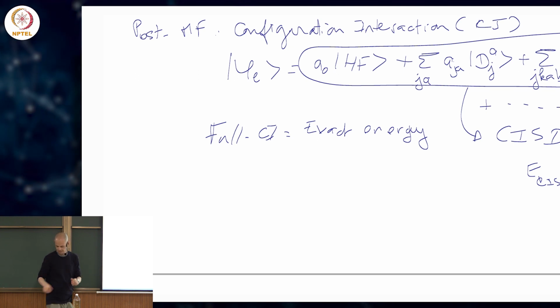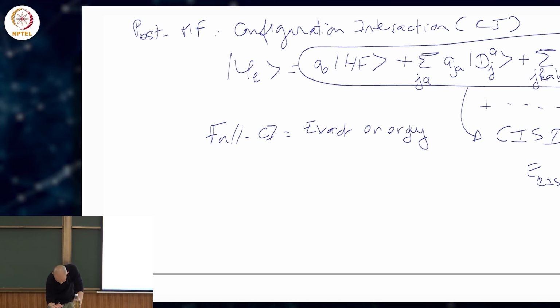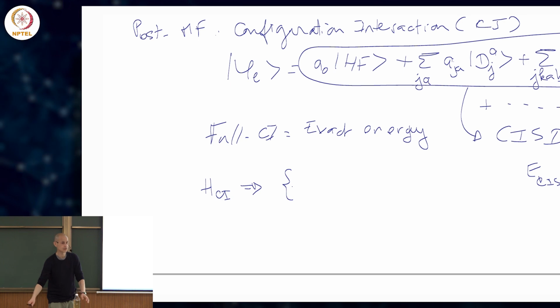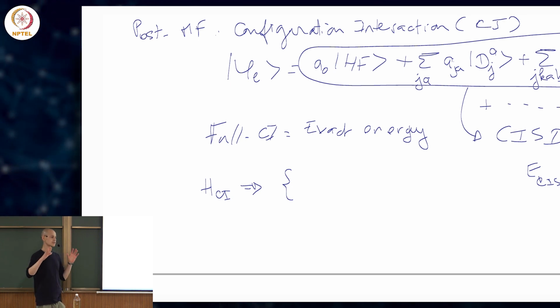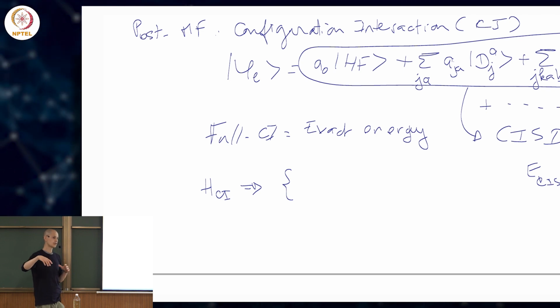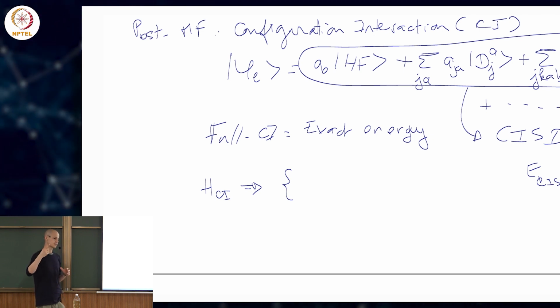Okay? So you have your H_CI, and when you diagonalize it, because now your Hamiltonian matrix is the size of the number of determinants that you have included, you're going to get more than one energy, right?